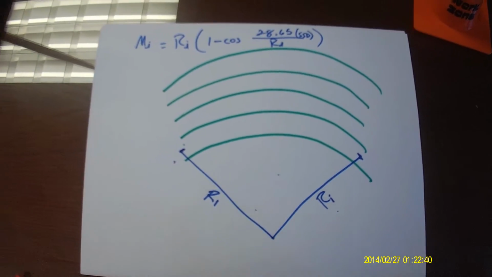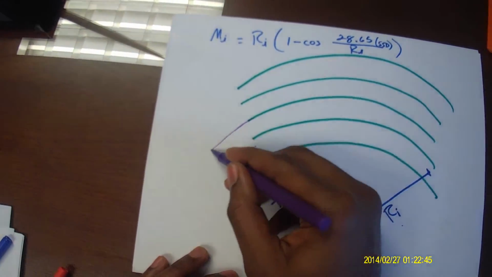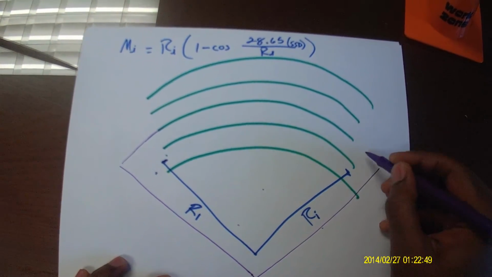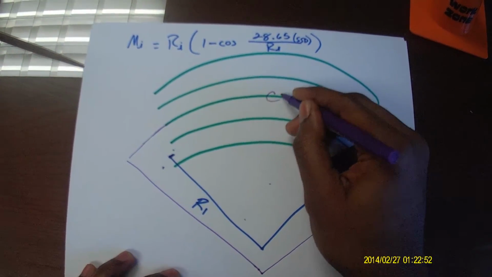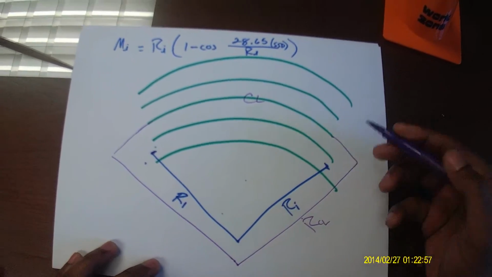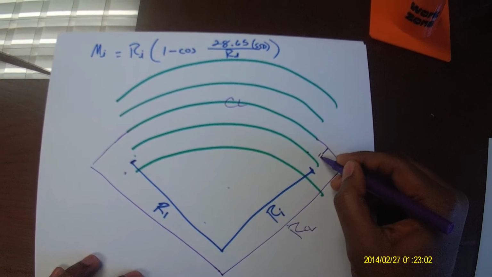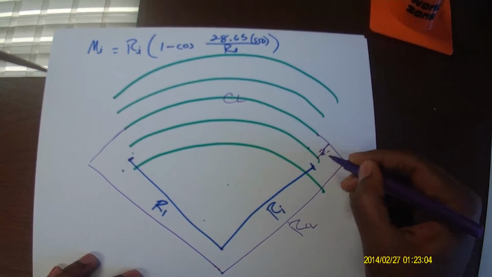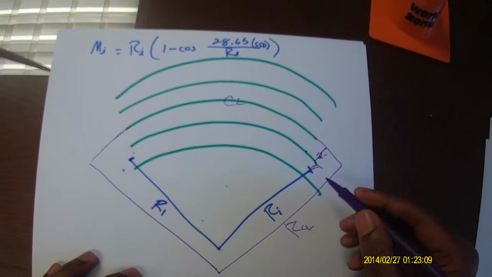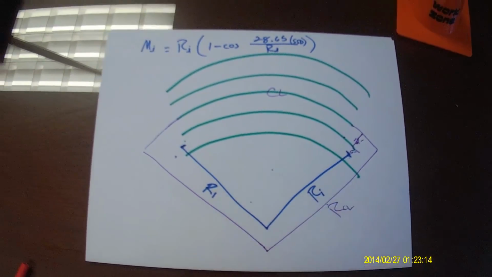However, if for whatever reason you were given a radius that was referenced to the center line of the roadway, then you would have to subtract this distance, which in most cases would be 12 feet, and that distance, which again in most cases would be 6 feet, from that R sub CL, and then you'll be able to figure out what this new R sub I is.